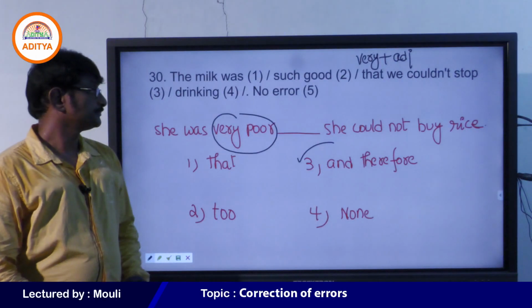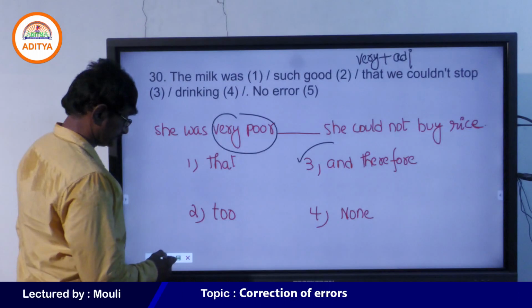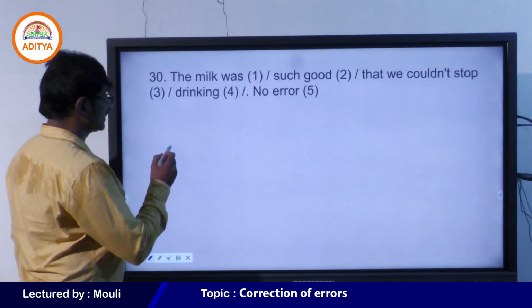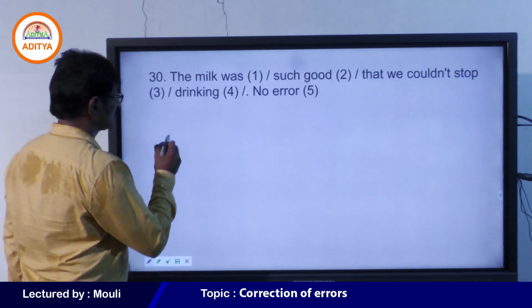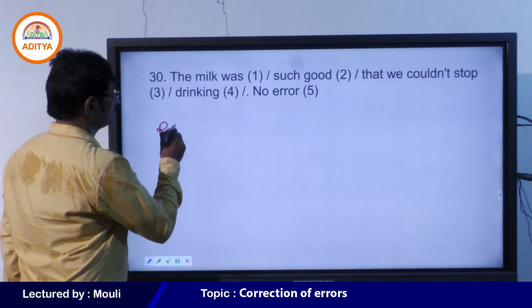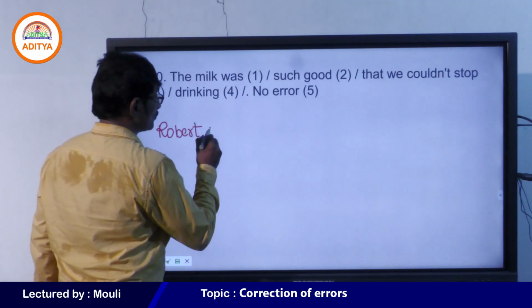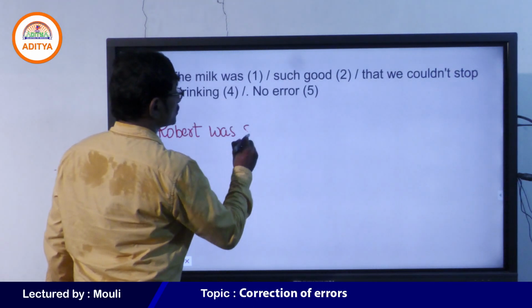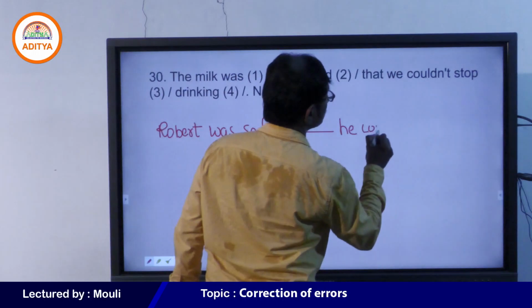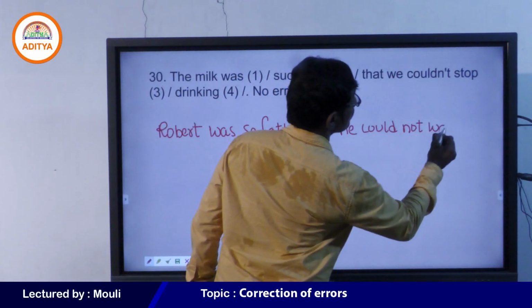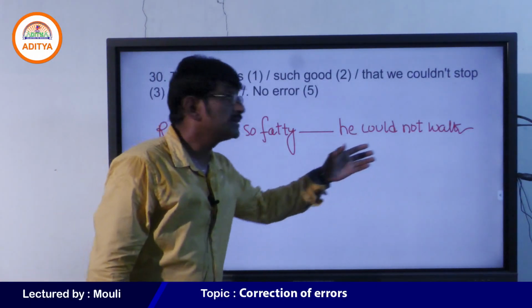That's it. Okay, students. Now another one, let us see. Robert was so fatty dash he could not walk.